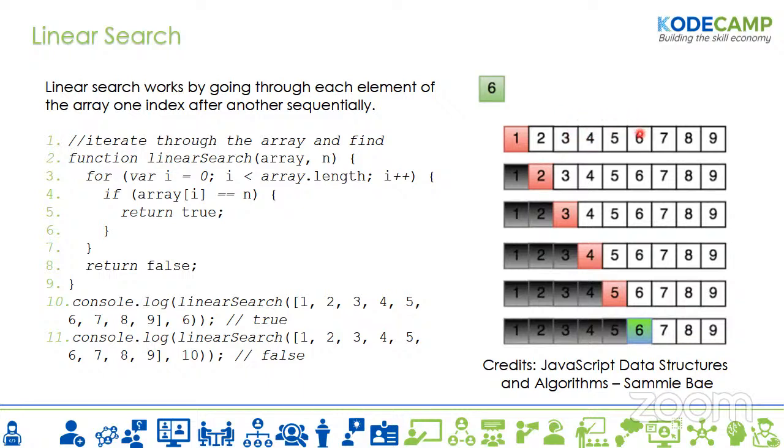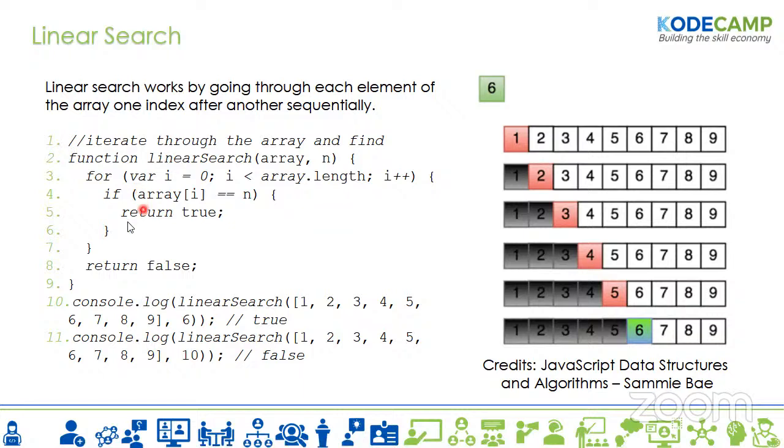When it gets to this and says, okay, we have 6 here, then it's going to return true, that yes, I found this element.